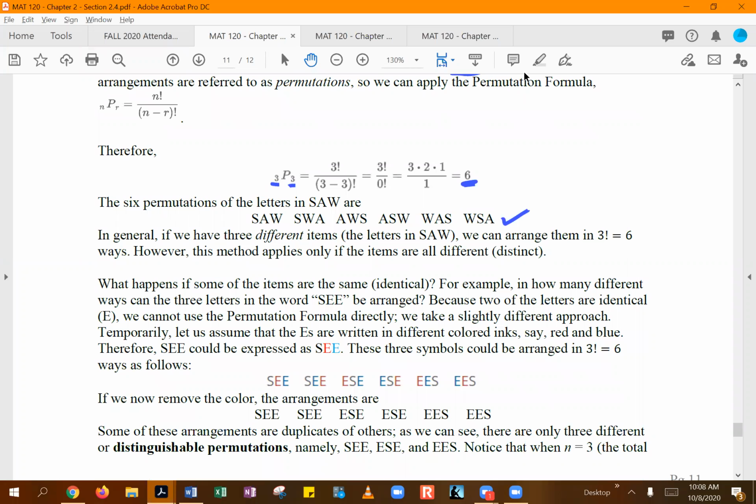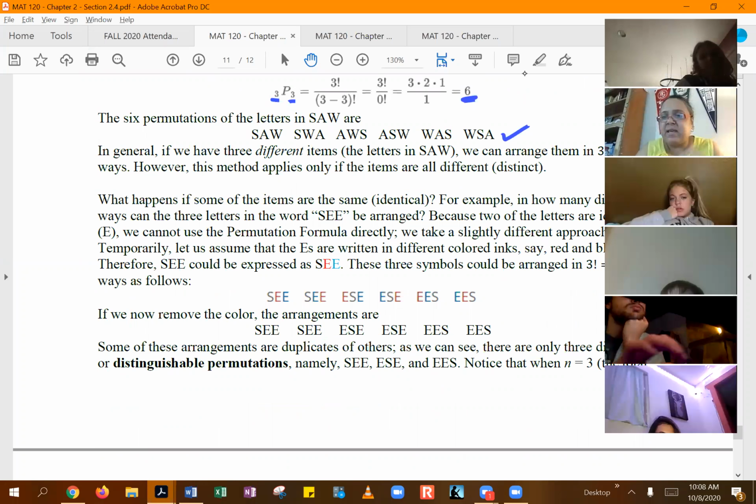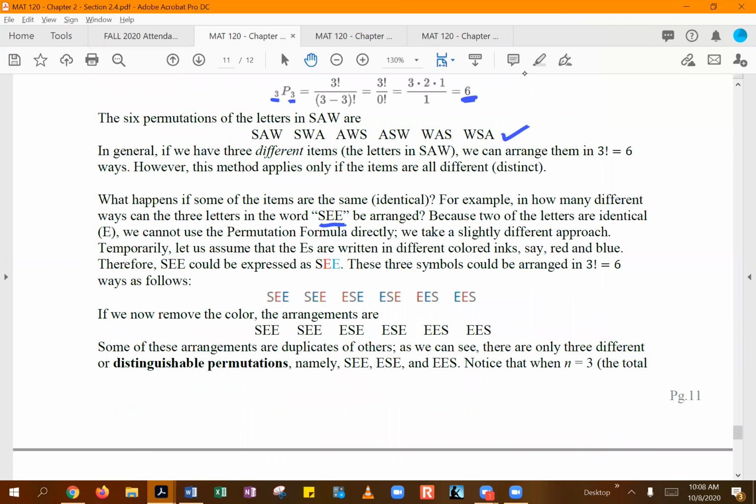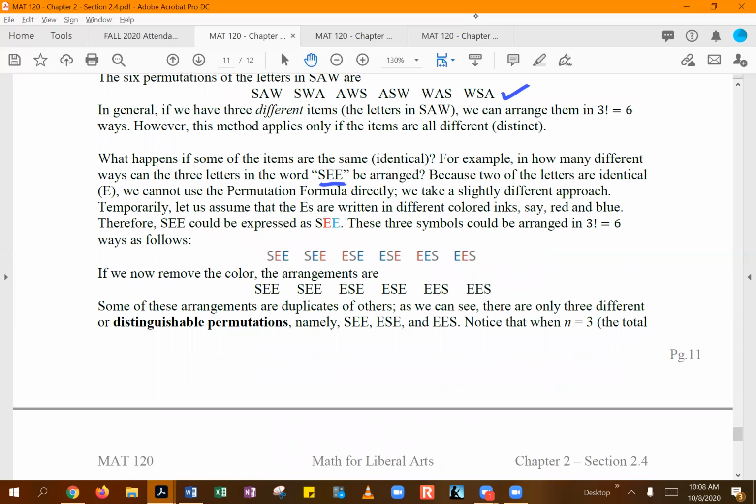But what if you had a word like SEE, where the E's are repeating? If you follow the same idea as the permutation we did with SAW, 3 out of 3, we would say there's 6 different possibilities.